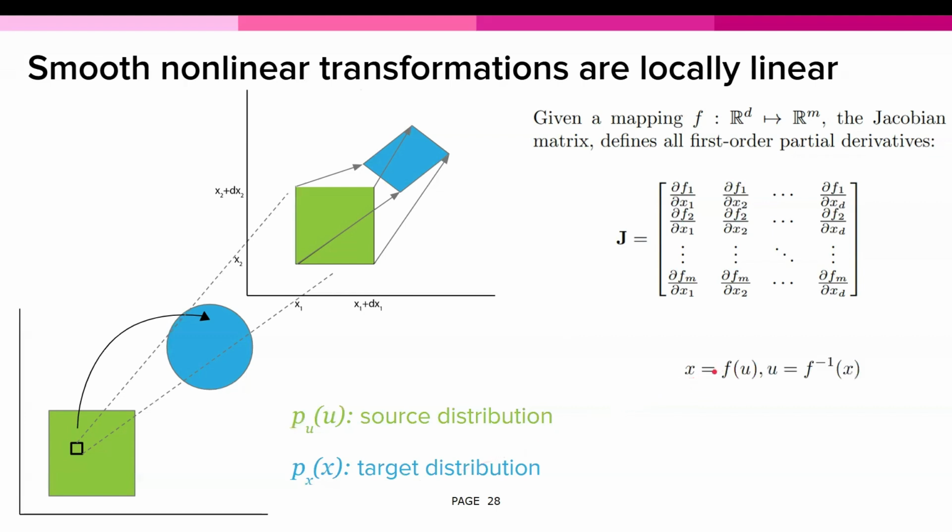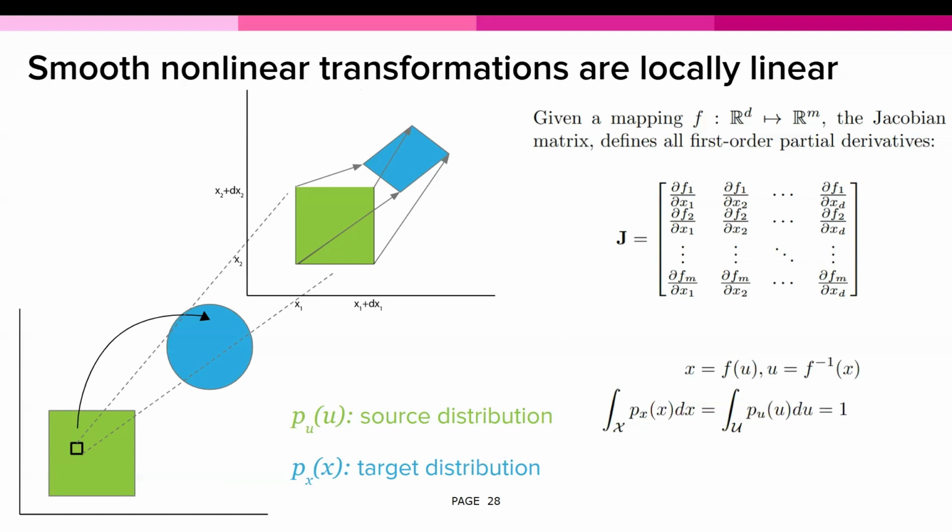Then let f be some invertible function such that f of u gives us x, and we can recover u from f inverse of x. As before, we know that the total probability mass has to be preserved. So the integral over both distributions over their respective domains must evaluate to 1 in order to count as a true probability distribution.